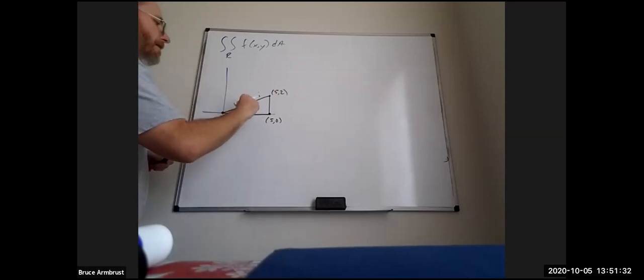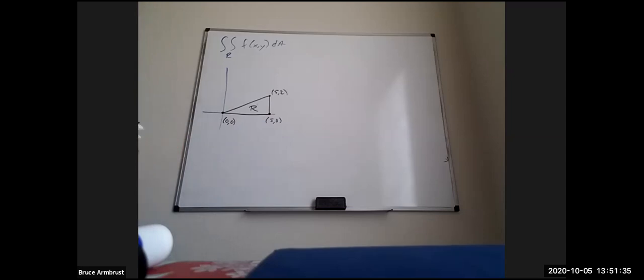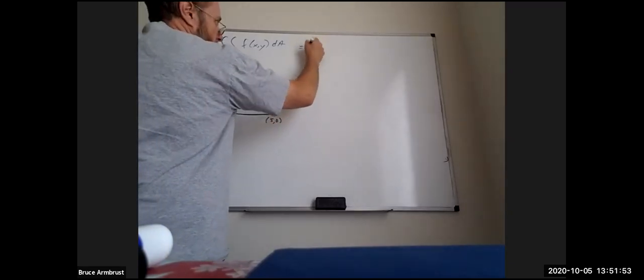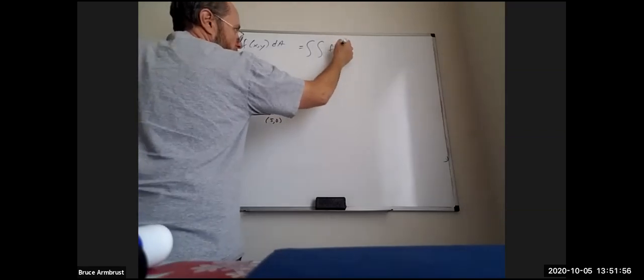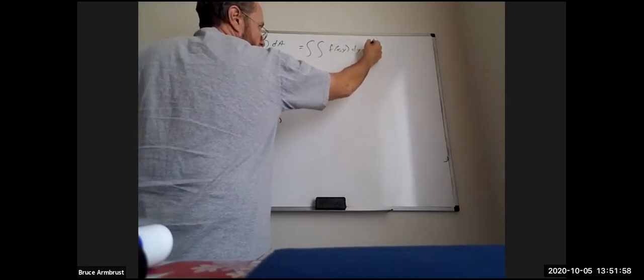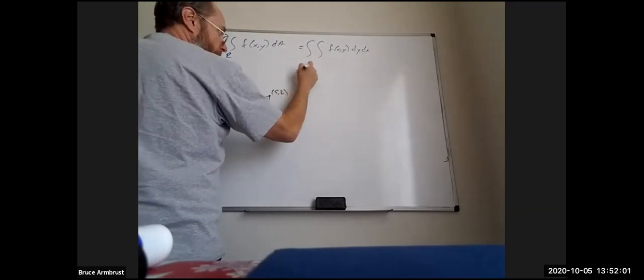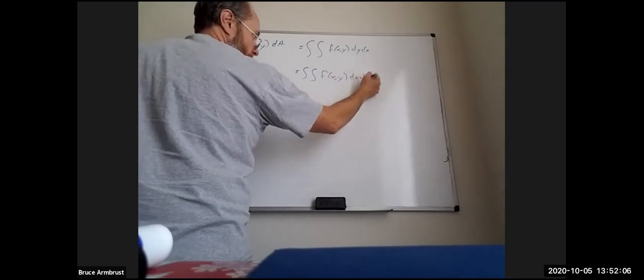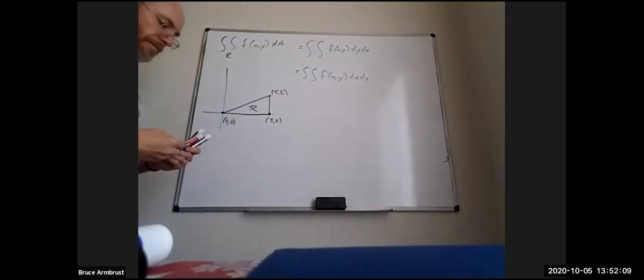Okay, so this is R. And what I'd like to do is write it out both as a dy dx and as a dx dy. All right, so let's get these two set up. The first one, let's make this the dy dx, and the second one, we'll make dx dy.